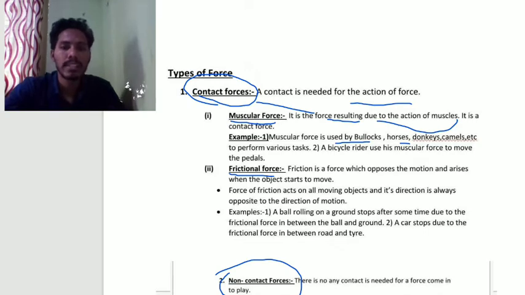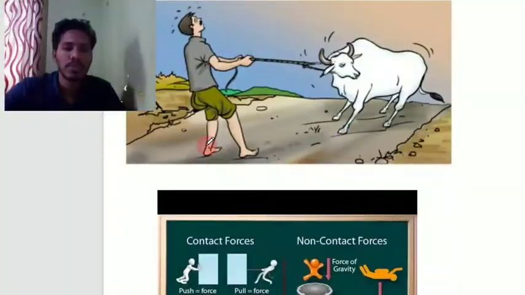Then, second example, a bicycle rider uses his muscular force to move the pedals. When we apply some force on any object, that force is included in muscular forces and it is a type of contact force. You can also see some examples here. Can you see this figure on the screen?